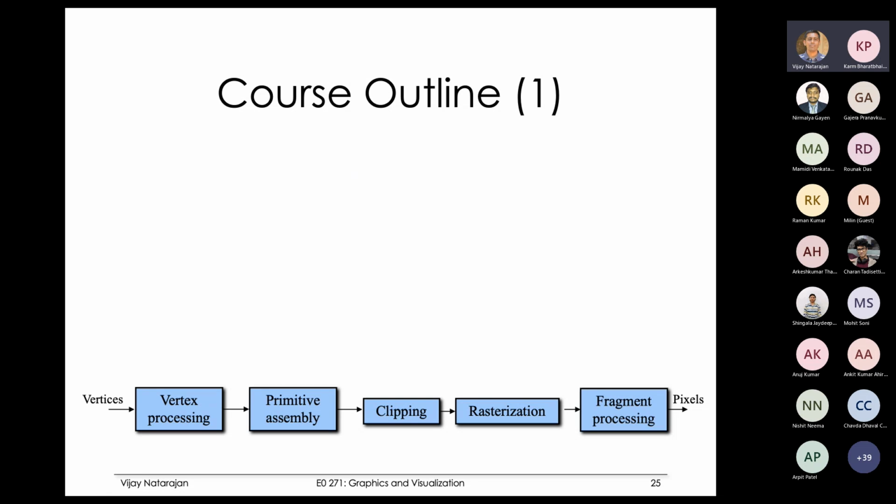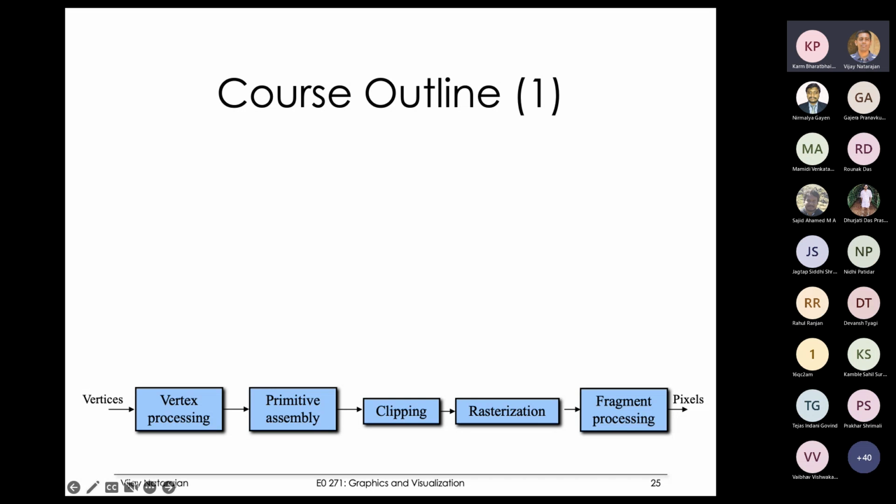Moving on to the next set of lectures, we will understand what is called the graphics pipeline. The graphics pipeline takes you from the geometry that is used to represent the 3D world on the left, all the way to pixels on the right. Pixels are what constitute your images.